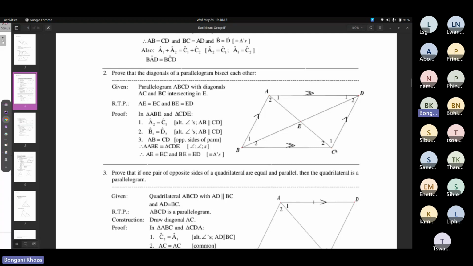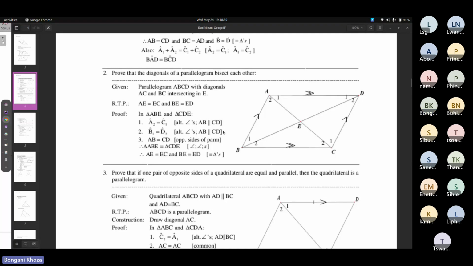We have a Z there. You can say B1 is equal to D2. You also have another Z there, Z or N, like that. Next, you can say that AB is equal to CD. The reason for that is that opposite sides of a parallelogram are equal. So that's why we are saying that AB is equal to CD.